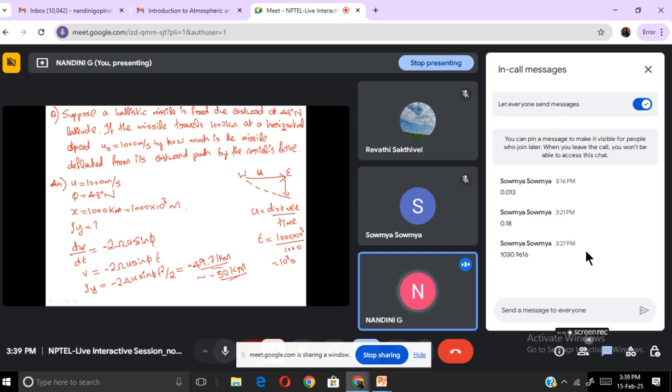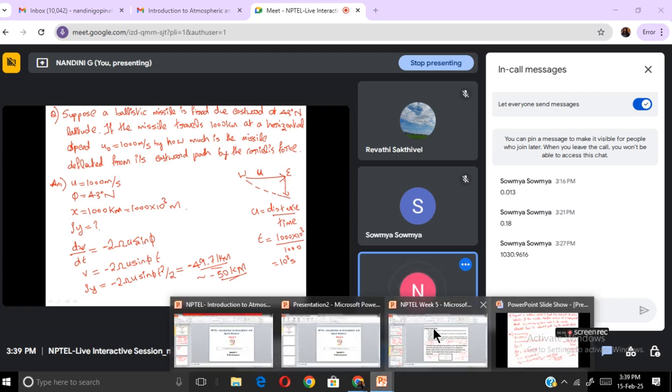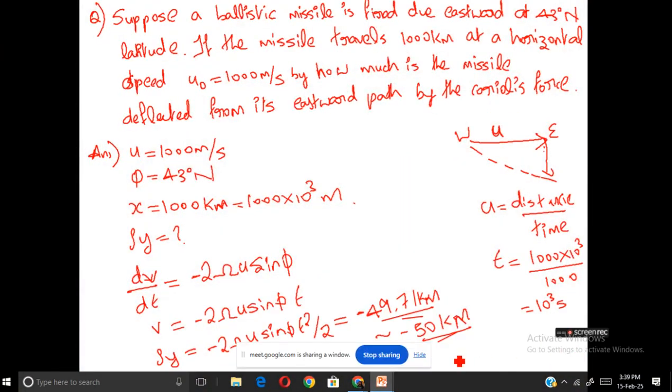South to north is positive and north to south is negative. So the ballistic missile is deflecting by around minus 50 kilometer.